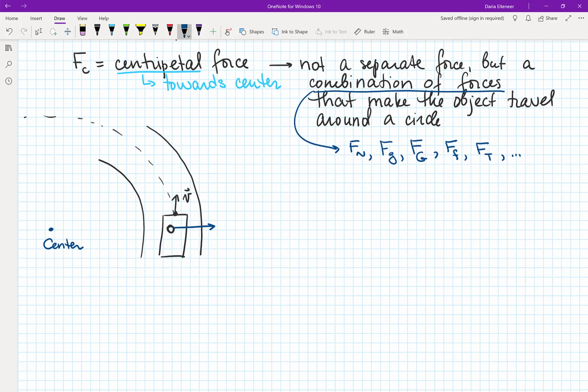So you probably have heard the term centrifuge or centrifugal force. So don't confuse the two. Centripetal and centrifugal. The word centrifugal means away from the center. So the word centrifuge means a device where centrifugal force is acting. For example, centrifuges are used in medicine to separate the layers of blood.